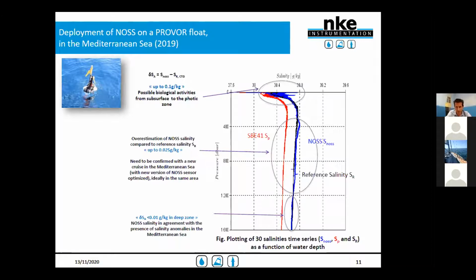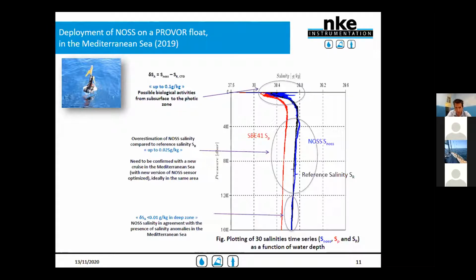Between 400 and 1,200 decibar, we overestimate with the NOSE sensor, the NOSE salinity compared to the reference salinity, by up to 0.025 gram per kilogram.